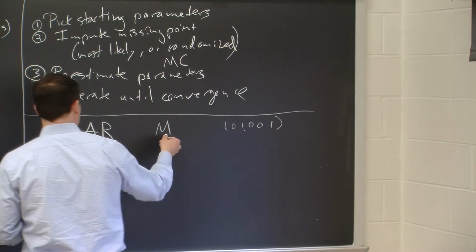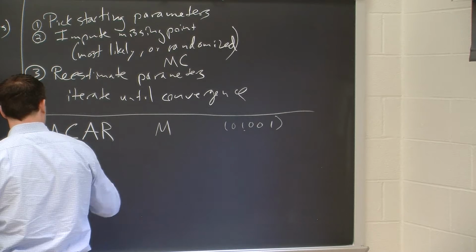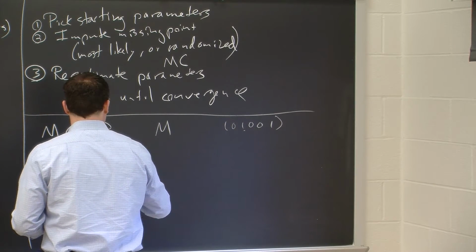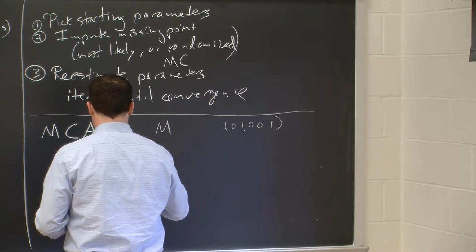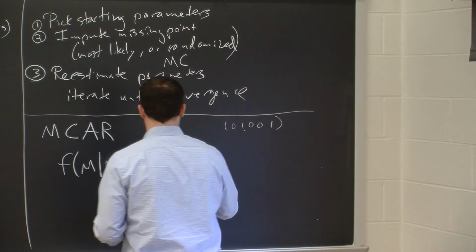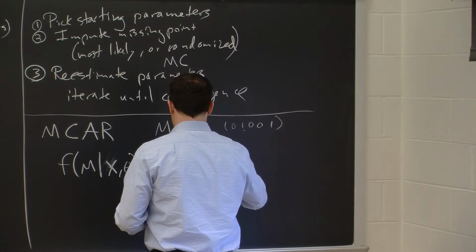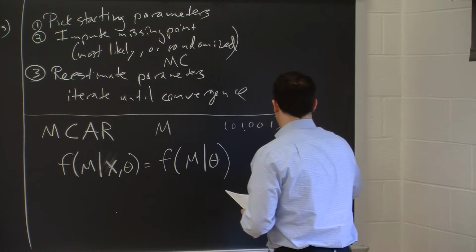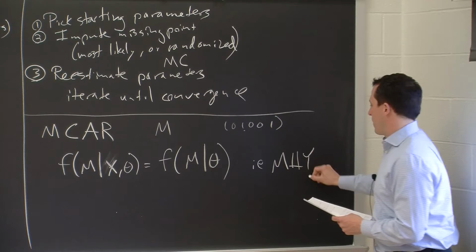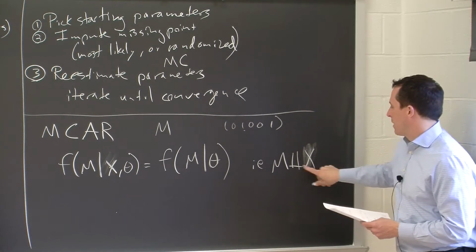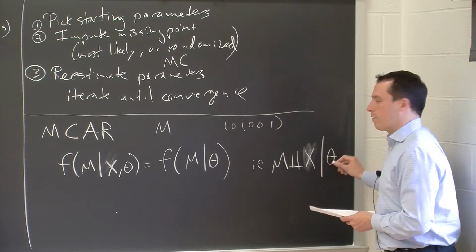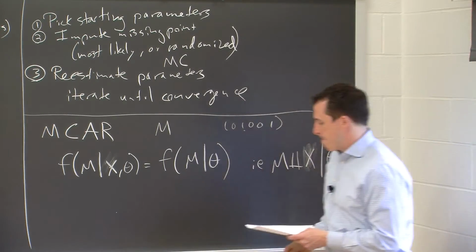This random variable that controls the missingness is MCAR if the probability distribution of m, given the rest of the data and the parameters, depends only on the parameters, i.e. the random vector corresponding to the missing data and the random vector corresponding to the underlying data are independent once I know the parameters.